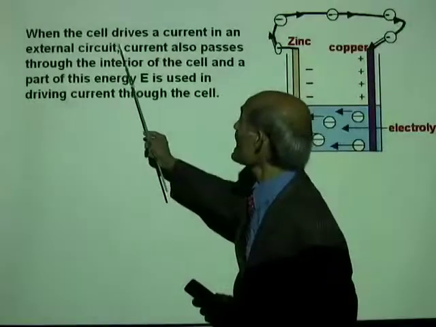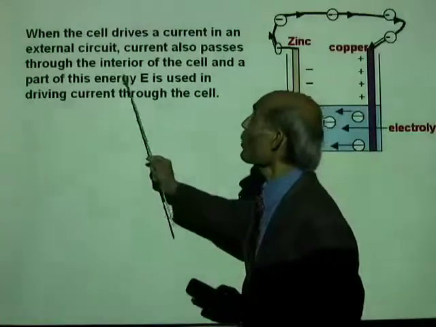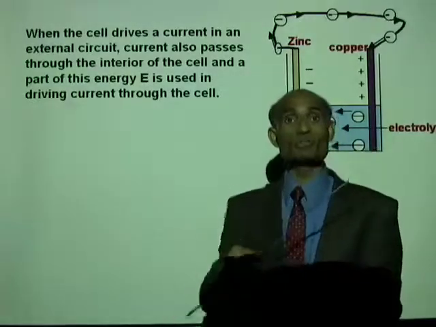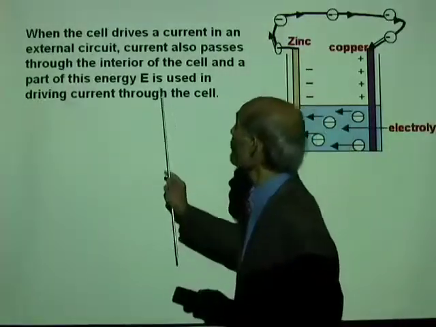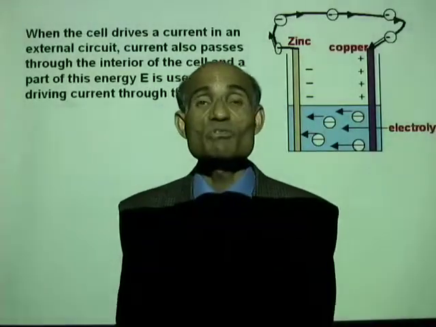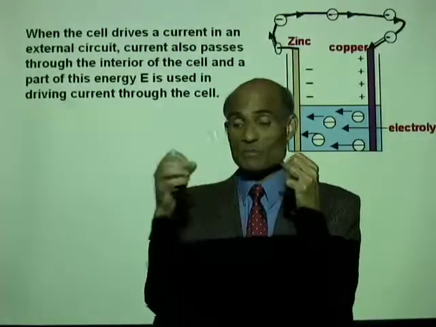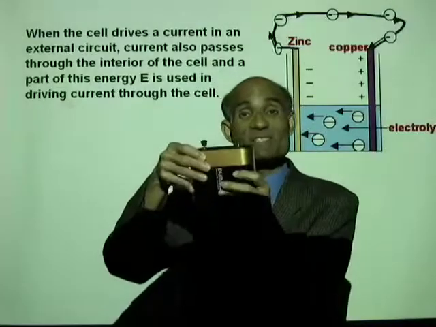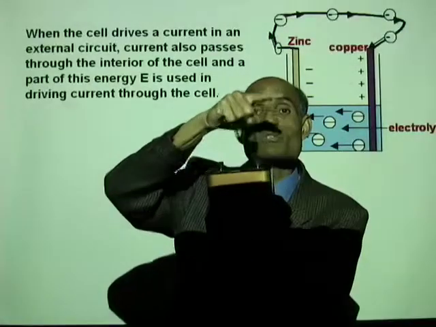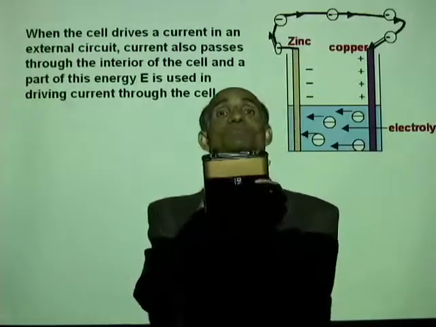Alright, when the cell drives a current in an external circuit, the current also passes internally through the cell. Now, therefore, what does this E really represent? The electromotive force can be considered to be the total energy the cell makes available for electric current to be driven externally through a conductor and internally through the cell.